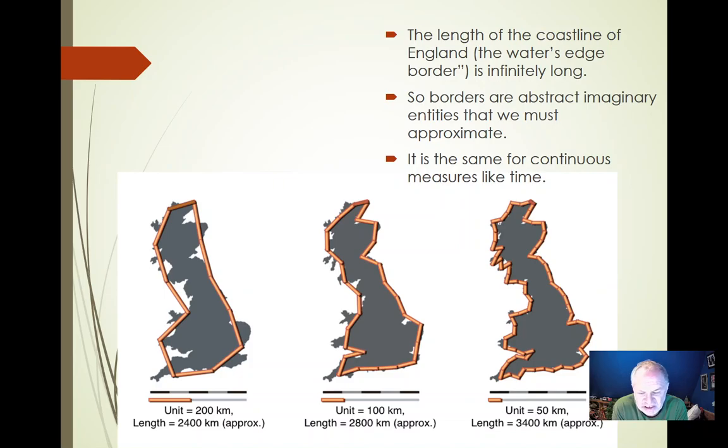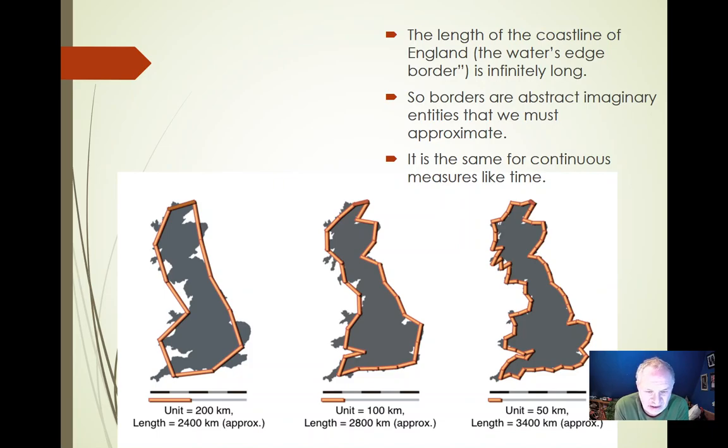If my unit of measure is 100 kilometers in length, and I draw 100 kilometer lengths around the border of England, the length of the coast of England is 2,800 kilometers. If I take the unit of measure down to 50 kilometers, then the length of the border is 3,400 kilometers.